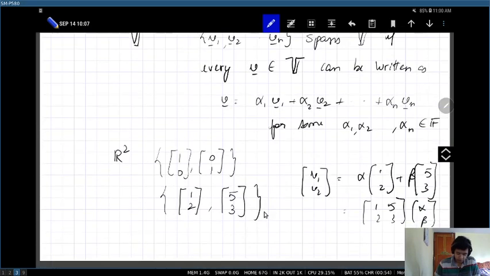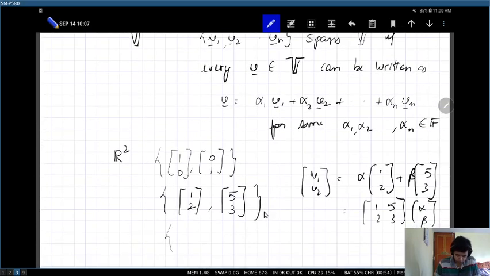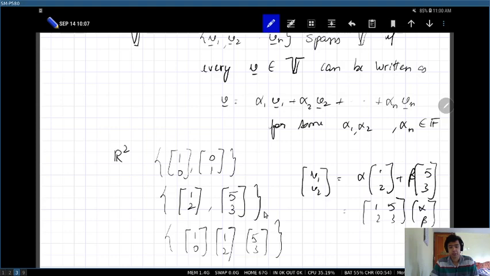While this is a spanning set of R2, is this a spanning set for R2? Yes, it indeed is, because you can write every vector in R2 as a linear combination of these three vectors, right?